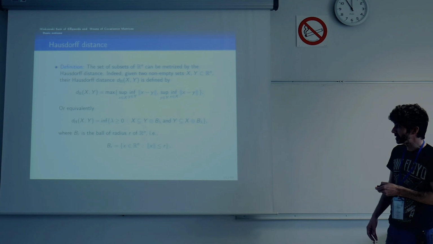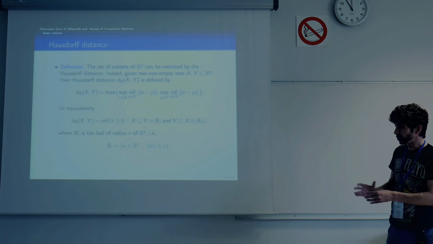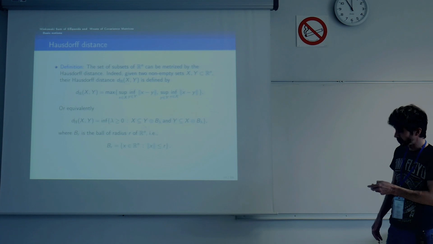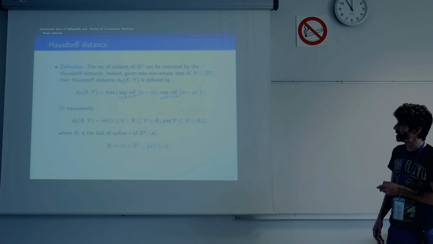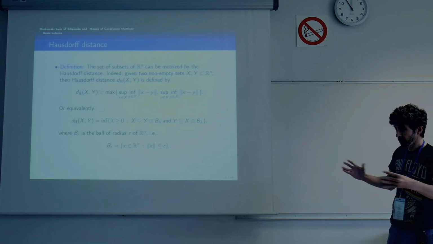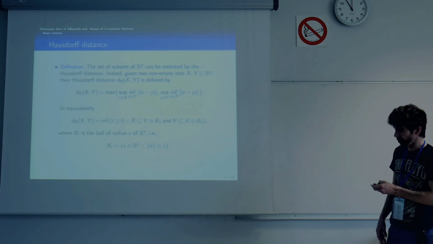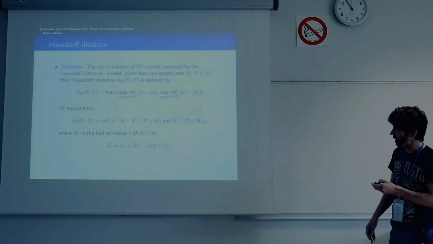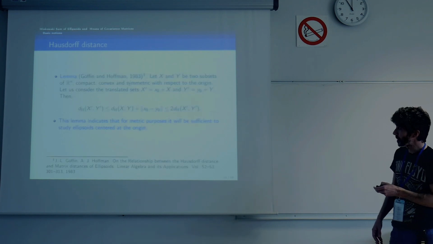You take the smallest lambda such that one of the sets, Minkowski summed with a ball of radius lambda, contains the other set. You do the same with the other one, and you take the smallest of these two scaling parameters. One will be included in the other. Well, this Hausdorff distance is very well known, so I'm going to skip that.